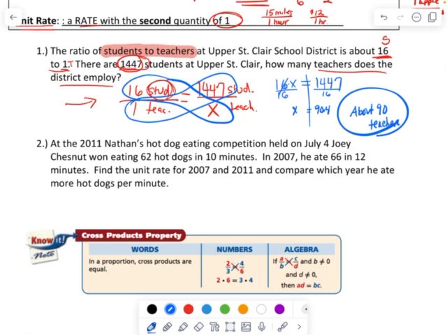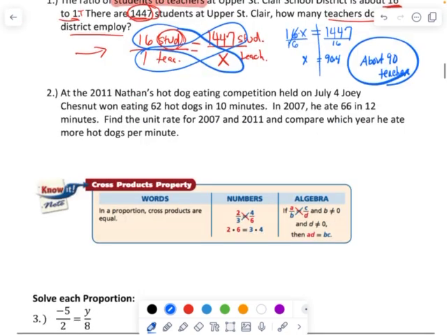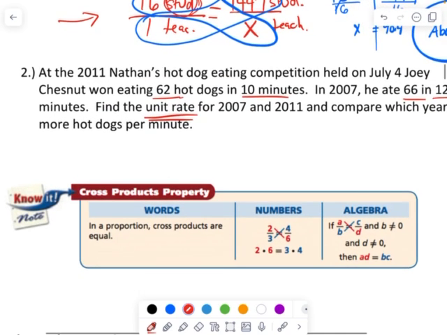All right, let's take a look here at Nathan's hot dog eating competition held on the 4th of July. We have Joey Chestnut. He won eating 62 hot dogs in 10 minutes. That was in 2011. In 2007, he ate 66 hot dogs in 12 minutes. Well, let's find the unit rate for 2007 and 2011.